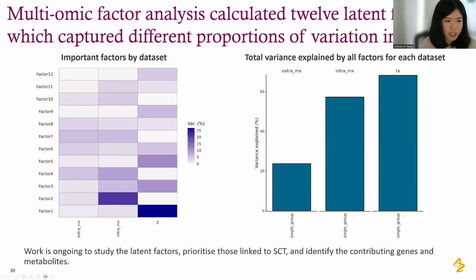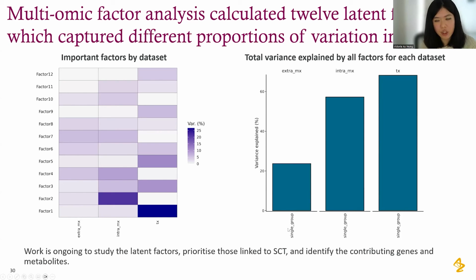And as we go down the different factors, we can see that generally none of the factors explain a lot of variation across all of the different data sets. So this suggests that the intracellular and extracellular metabolome are capturing different aspects of variation from the transcriptome.